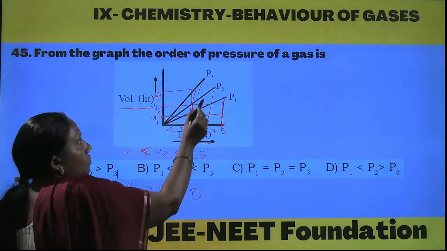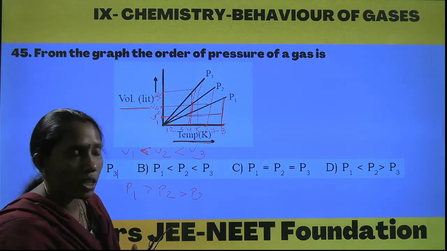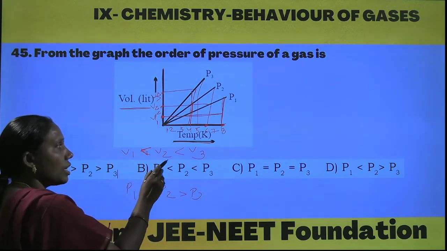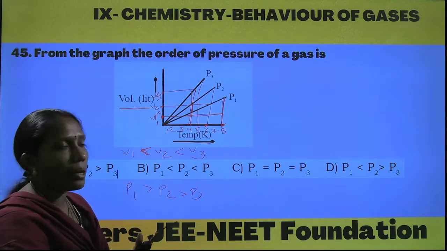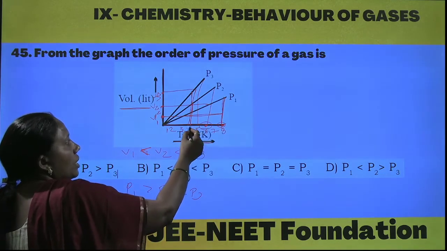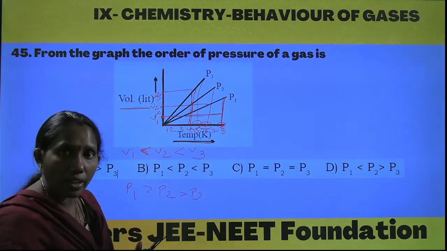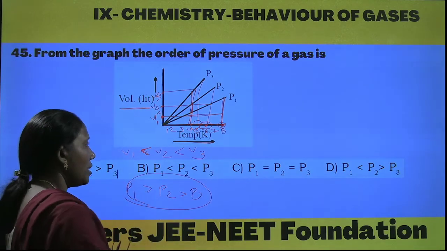V3 is 3, then P3 is 5. So both are inversely proportional to each other. V1 is less than V2 is less than V3, then obviously P1 is greater than P2 is greater than P3. P1 is 8, P2 is 6, P3 is 5. So the values are decreasing.